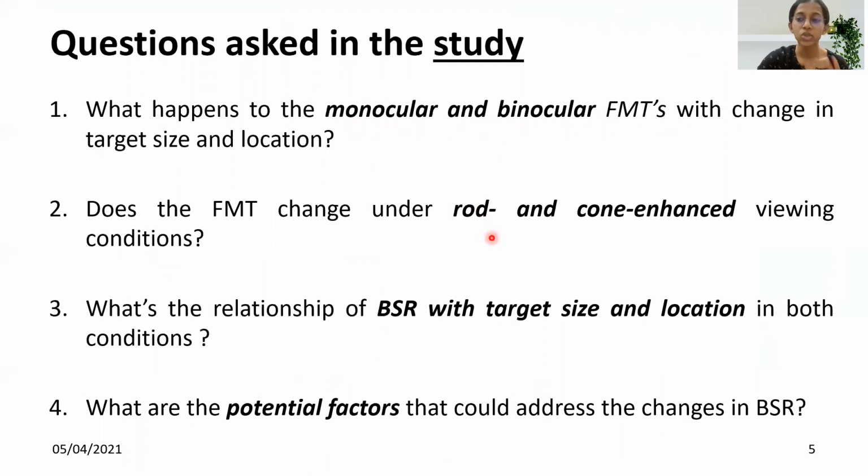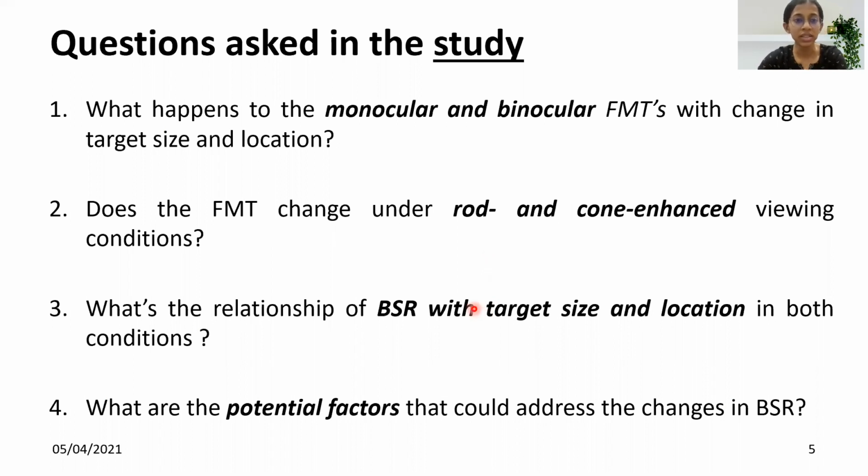Number two, the two optimizations done in the present study, called the rod enhanced and cone enhanced conditions, do they differ in the flicker modulation threshold? Number three, does the summation ratio depend upon the target size that has been used or the location, the various eccentricities? And the last one, what could be the potential factors that could address the changes noticed in the summation ratio?